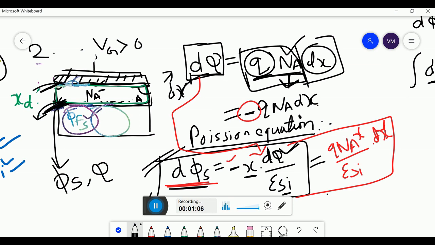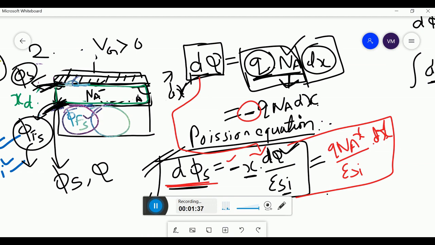So what is potential at this place? Potential at this place is nothing but the Fermi potential of the silicon, and that is phi fs. And potential at this place is nothing but the surface potential. We have already named it as surface potential. So the limit of integration would be phi fs to phi s, where phi fs denotes the Fermi potential of the silicon and phi s denotes the surface potential.